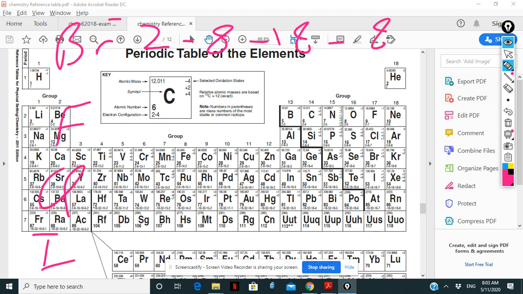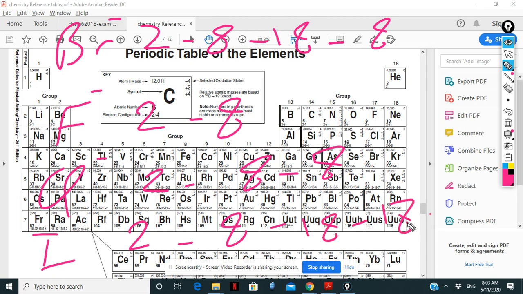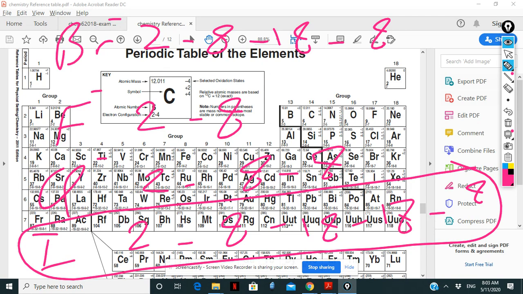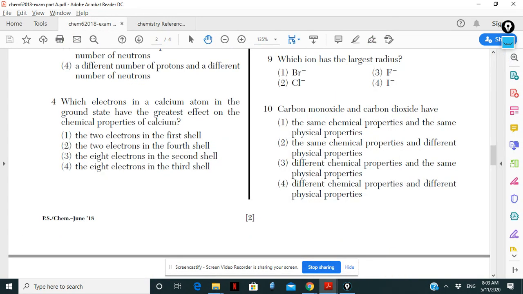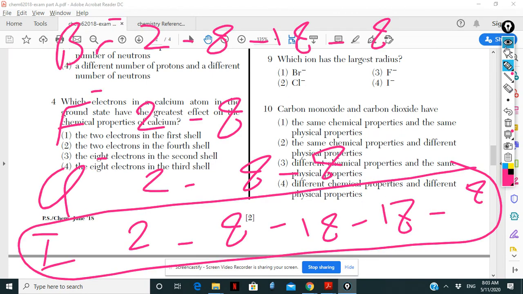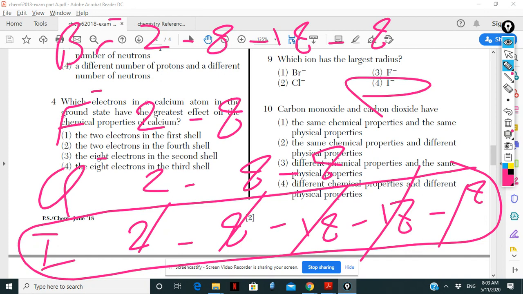For fluorine, it's 2, 8. For chlorine, it's 2, 8, 8. For iodine, it's 2, 8, 18, 18, 8. So the iodine is going to have the greatest radius. Why? Because it has 1, 2, 3, 4, 5 shells. So the answer is 4.